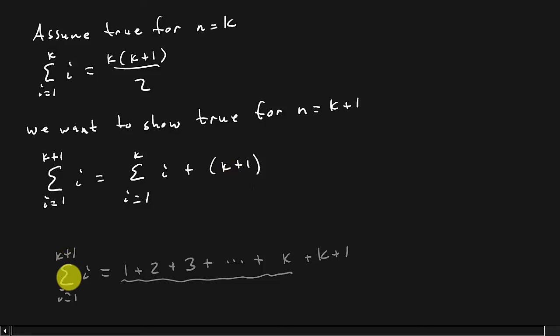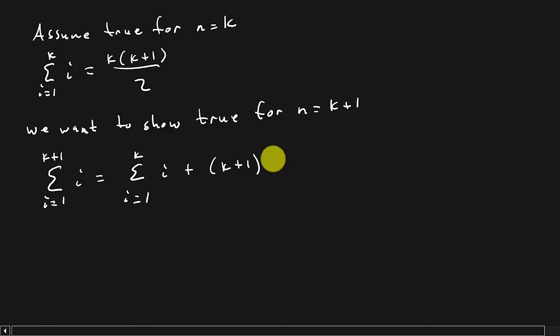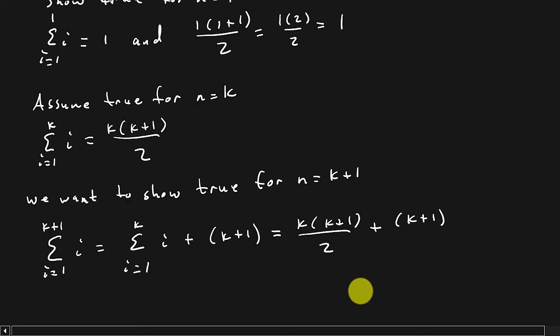I just split this up into the sum from i equals 1 to k and then the last term, k plus 1. And so now this is equal to k times k plus 1 over 2 plus k plus 1. Where did that come from? You see this sum from i equals 1 to k of i?